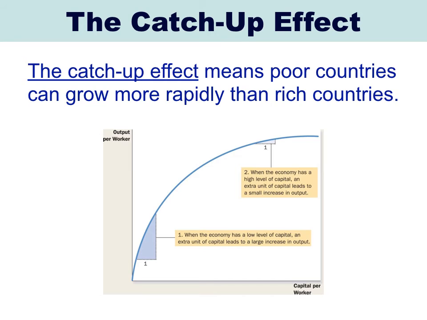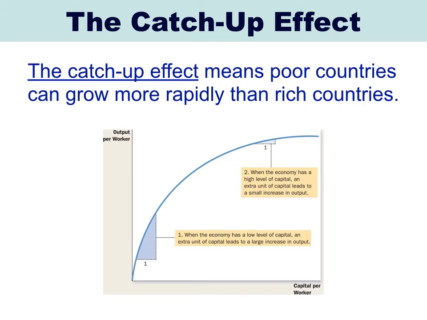How much extra production are you going to get from that 50th computer? Or even the 49th. So the first computer really helps you out. The second computer helps you out a little bit more. But the third and the fourth, you really start to feel that diminishing marginal product. So that's exactly what we have, and this is why we have the catch-up effect.